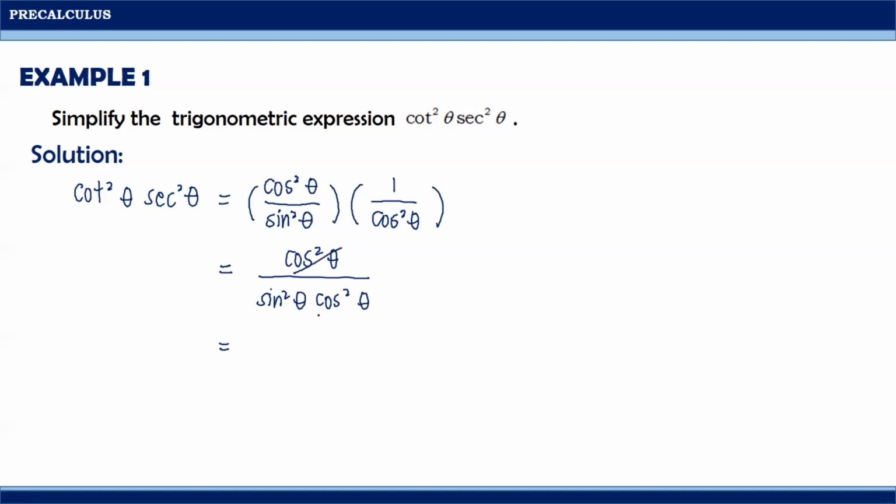Hence, we can cancel it, giving us 1 all over sine squared theta. From here, we can simplify this expression by applying one of the reciprocal identities, which is 1 over sine squared theta is equal to cosecant squared theta. Therefore, the simplified form of the given trigonometric expression is cosecant squared theta.